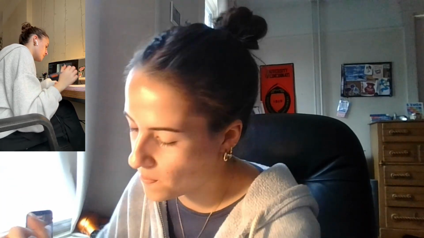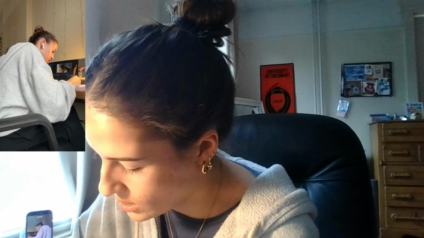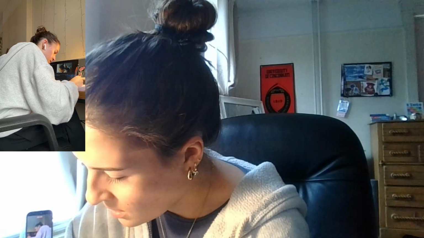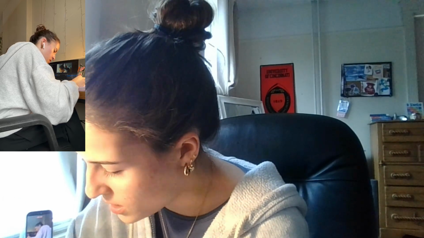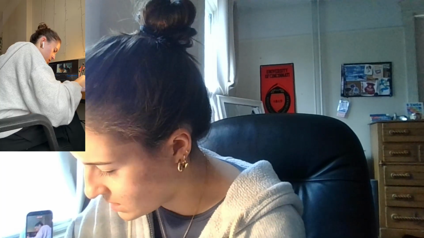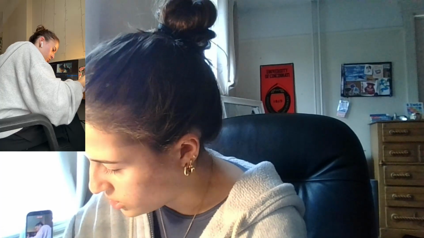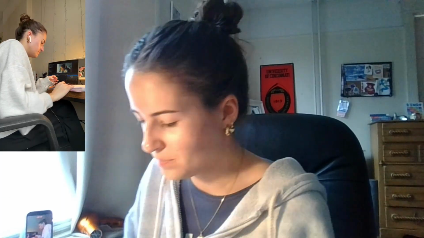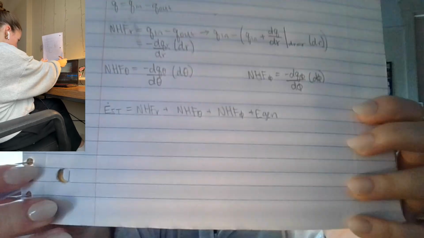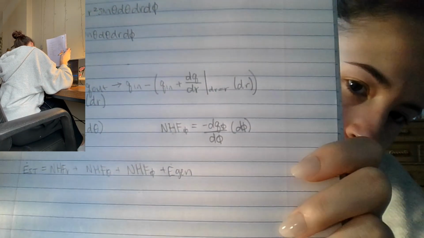So now we have our total equation, which is the energy storage rate equals the net heat flow in the r plus the net heat flow in the theta plus net heat flow in the phi direction plus the energy generation term. So that's the definition of our heat diffusion equation right here, and we can go ahead and start plugging things in.